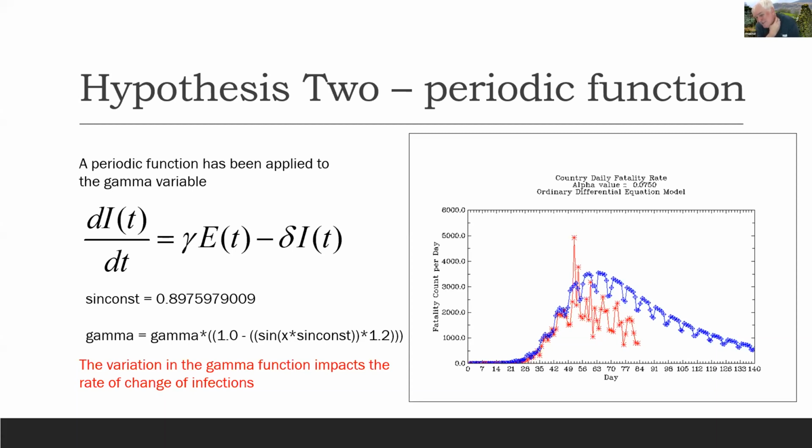The only problem is this is the US data, and in 1 day they added 4,000. So that high point that's at 5,000 is really extra data that New York came back in and added on 1 day. So this is really not a true point, but the rest of it is not too bad.